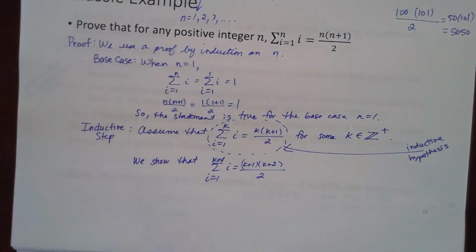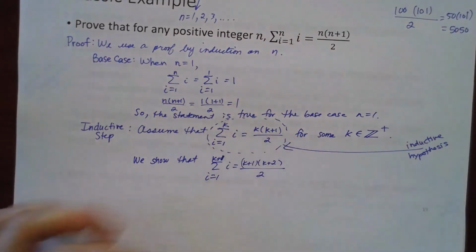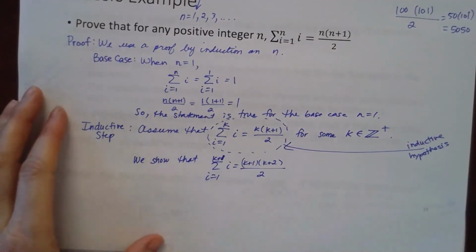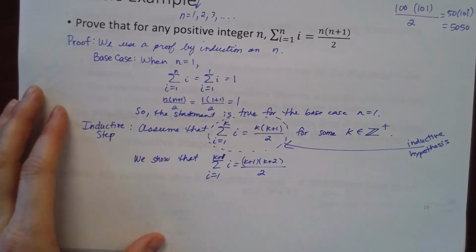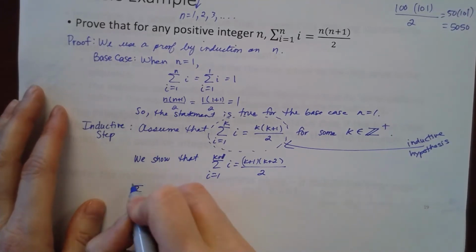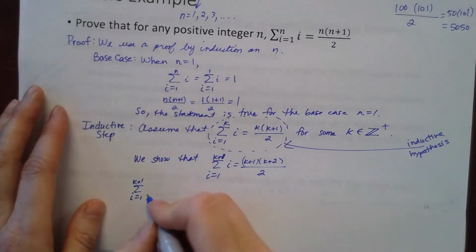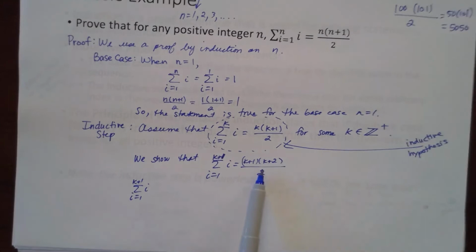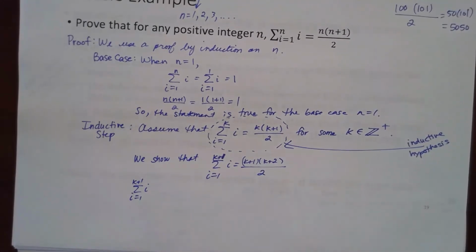All right, so our goal is to show that this summation is going to work out. Let's explore how we've got this summation right here. We've got this summation from i equals 1 to k plus 1 of i. I'd like to show that it's actually that. So what do I know?